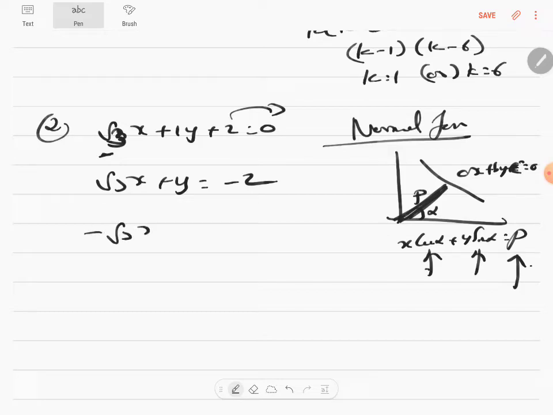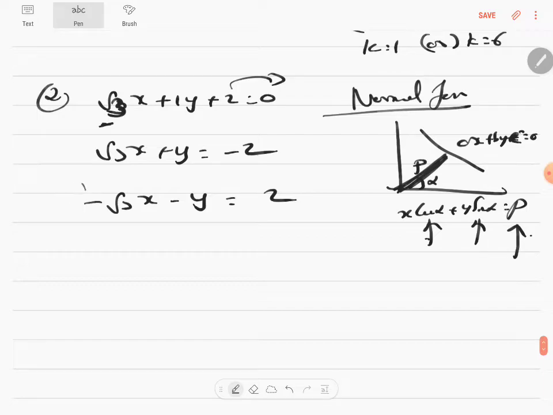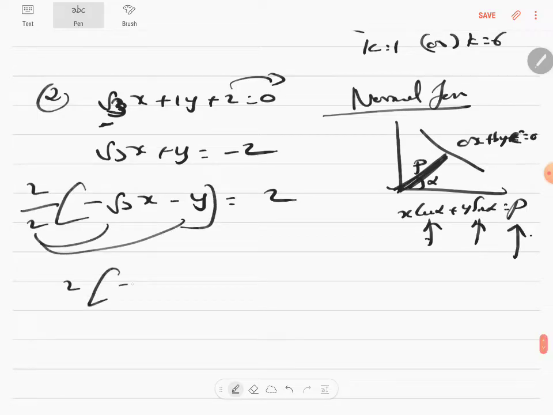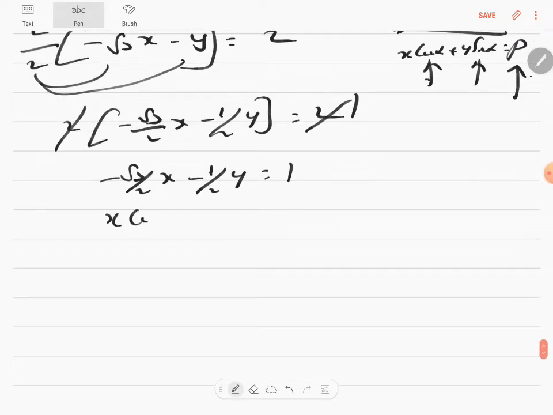So throughout multiply with a negative sign. Now multiply and divide the left hand side by 2. Take the 2 in the denominator inside. Minus root 3 by 2x minus 1 by 2y is equal to 2. 2 and 2 get cancelled, this becomes 1. Minus root 3 by 2x minus 1 by 2y is equal to 1, which is similar to x cos alpha plus y sin alpha is equal to p, where cos is also negative, sin is also negative.